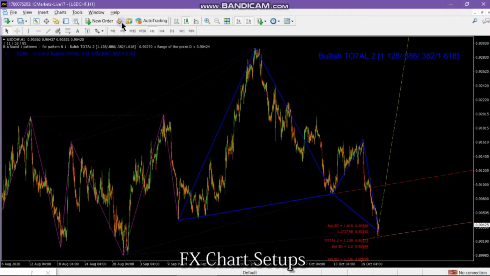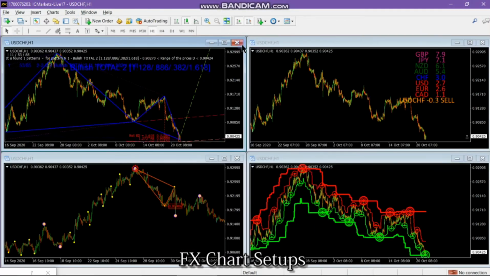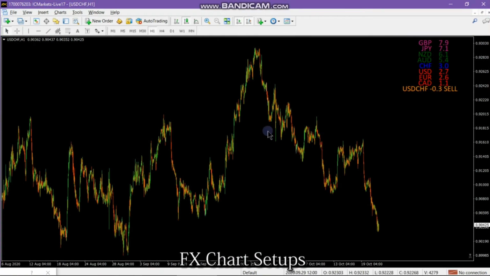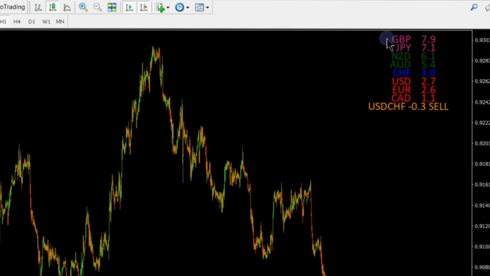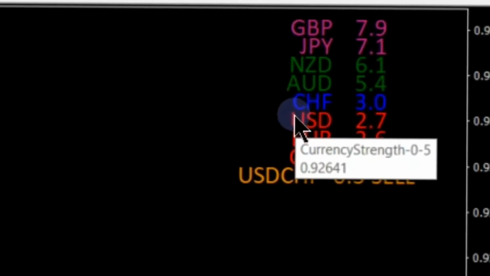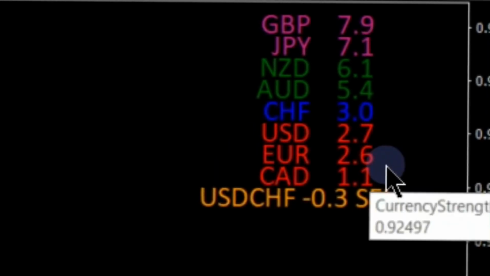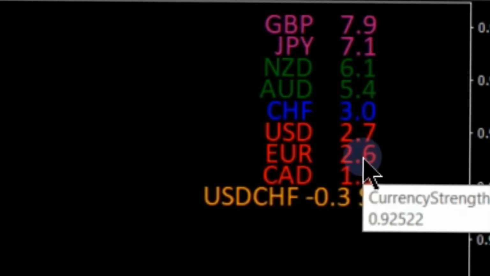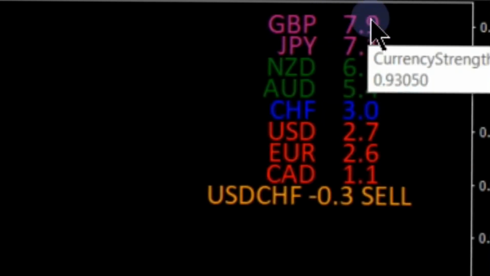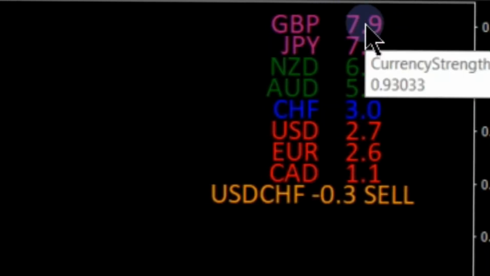Let's go on to the next indicator that I want to speak about, and that is our currency strength indicator. What the currency strength indicator basically does is that it calculates individually for each pair how this pair is performing across the whole forex market, and then once it comes up with a final conclusion based on how these pairs are performing individually across all the pairs, it gives you an output in the form of a number. 7.9, for example.